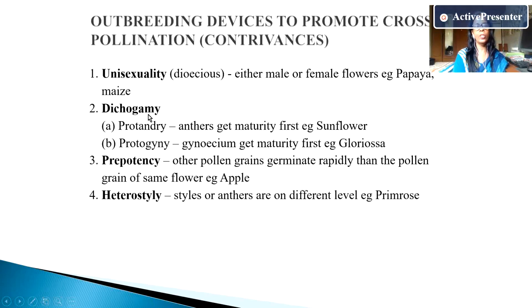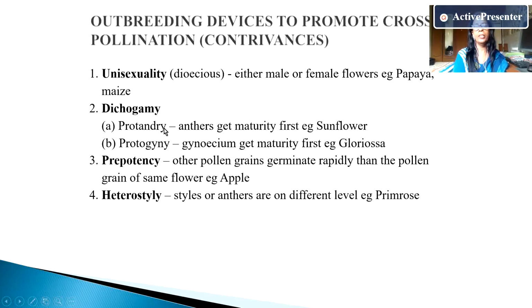Gametes mature at different times. The first one is protandry, the second is protogyny. Protandry means anthers mature first, example sunflower. In that case the stigma has to wait for the foreign pollen grains. Protogyny, the gynoecium matures first, so the pollen grains have to come from foreign flowers.